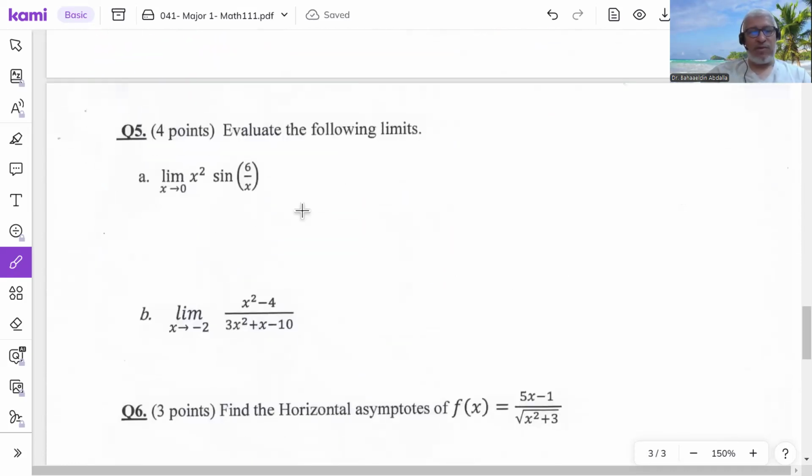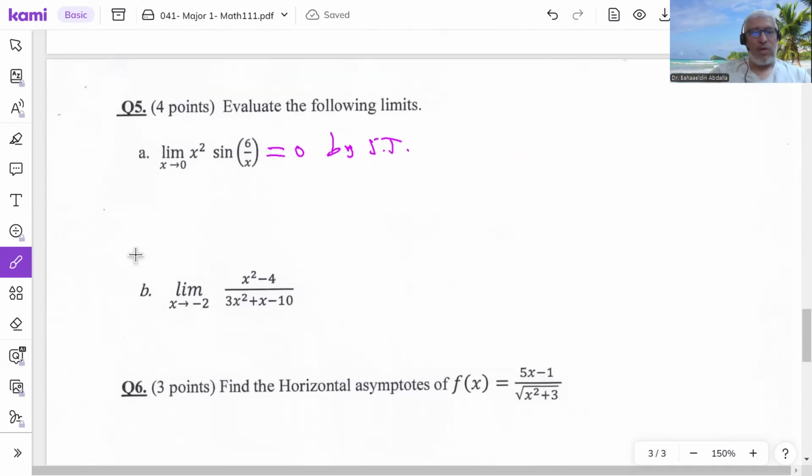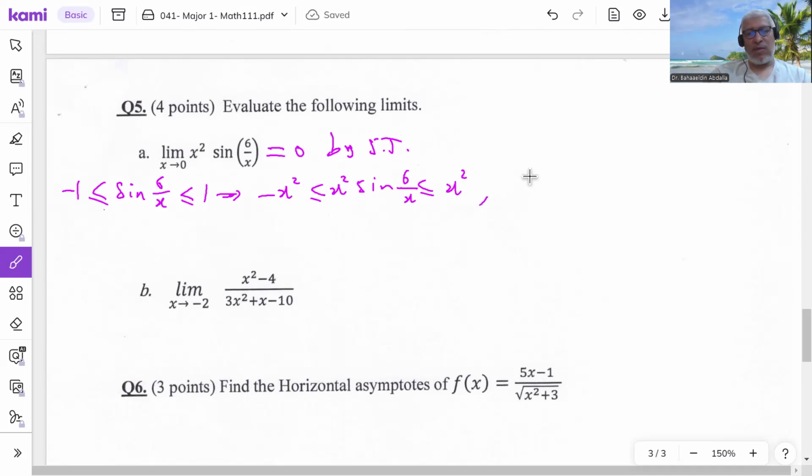Evaluate the following limits. This is by squeeze theorem. The limit would be 0 by squeeze theorem because sine of 6 over x is between -1 and 1. And if we multiply by x squared, then we will have this inequality.